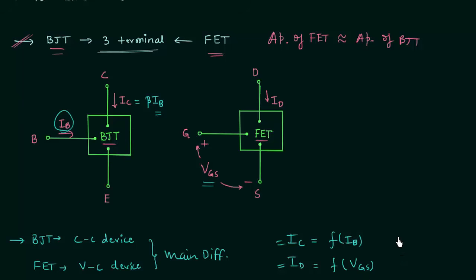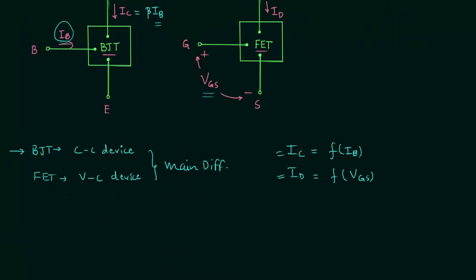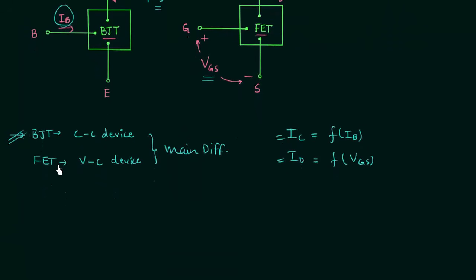So we can say that the output currents in both the cases are controlled by parameters of input circuit. VGS is the input voltage in case of FET, and IB is the input current in case of BJT. So we are done with the second point, which is a very important point, because this is the main difference between BJT and FET. Let's discuss the third point.